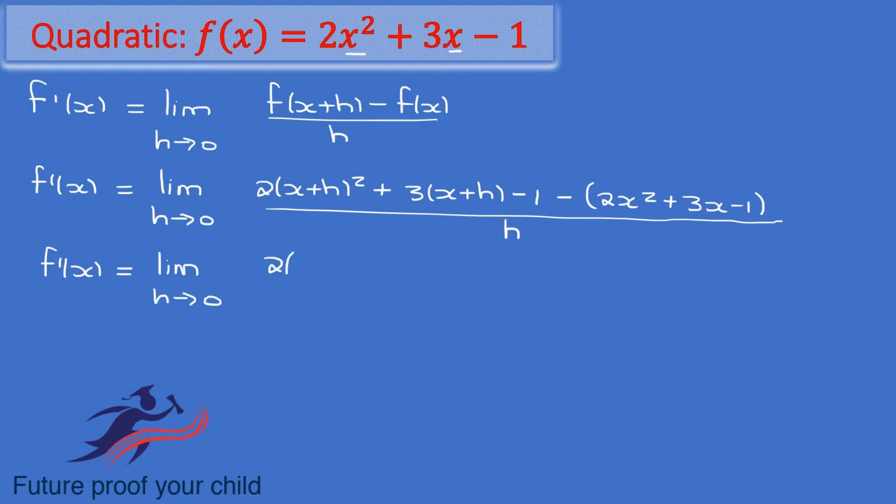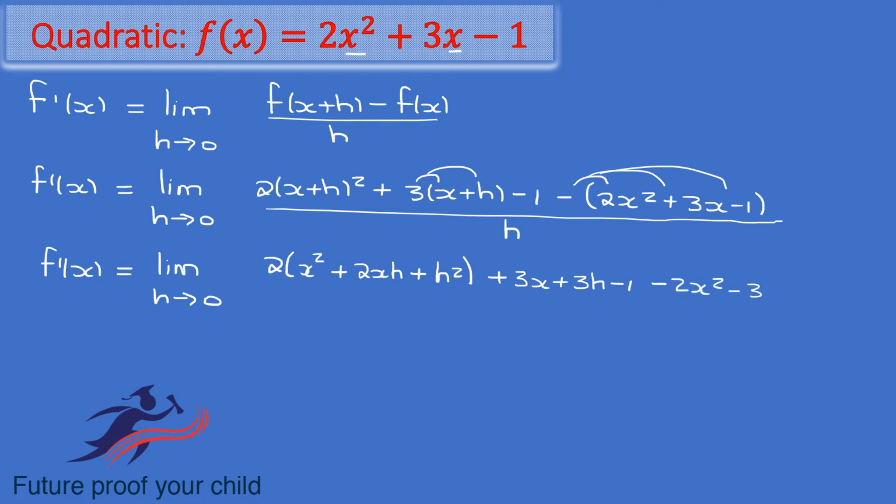Keep the 2, square the binomial, x times x is x squared, x times h times 2 is 2xh, always positive, h times h is h squared. Distribute the 3 into the bracket, so we get 3x plus 3h minus 1. Distribute the negative into the bracket, so it's negative 2x squared minus 3x plus 1.